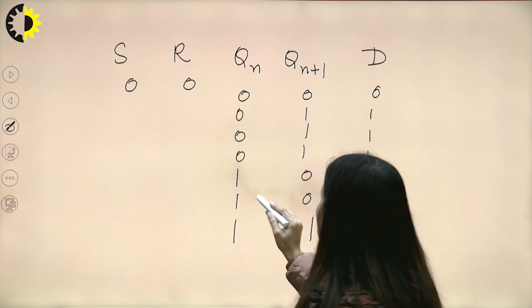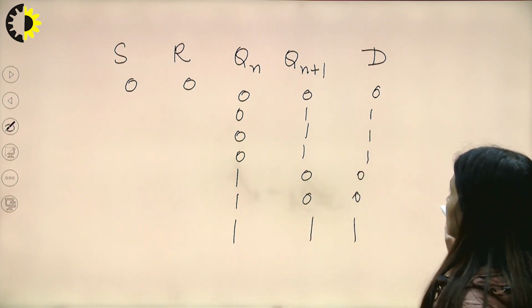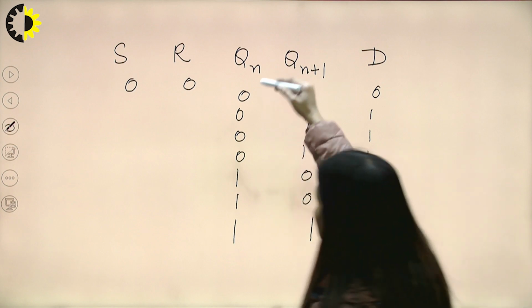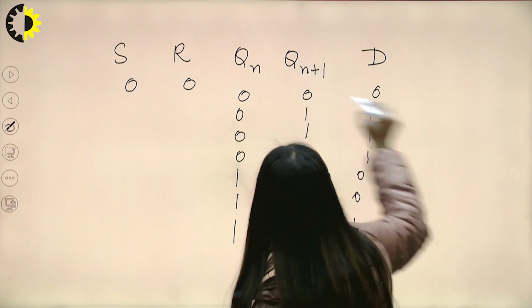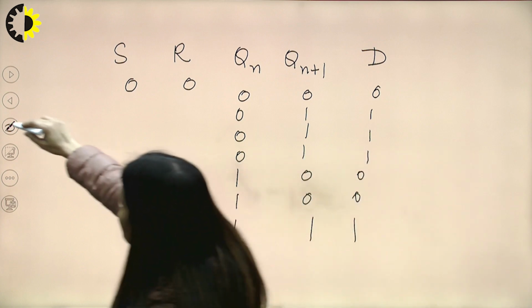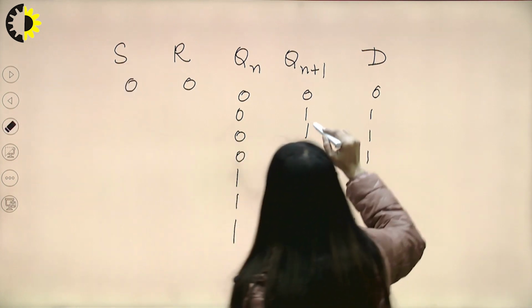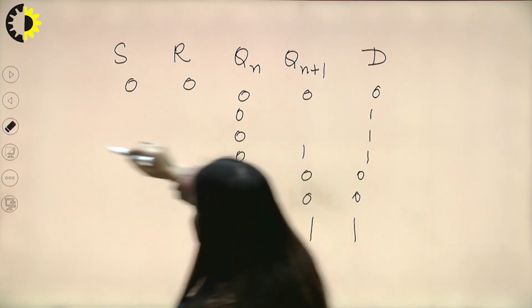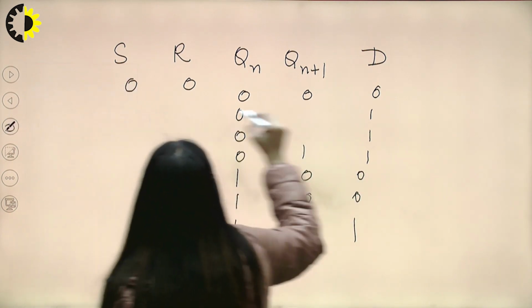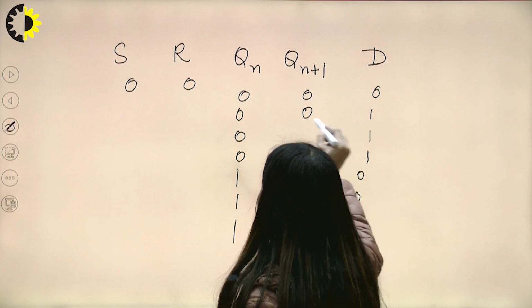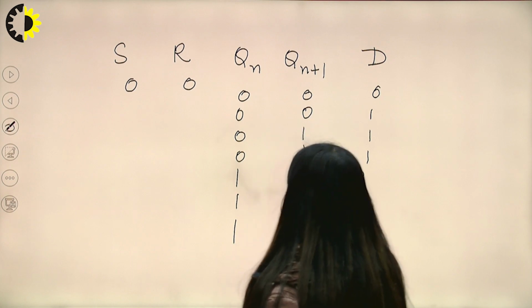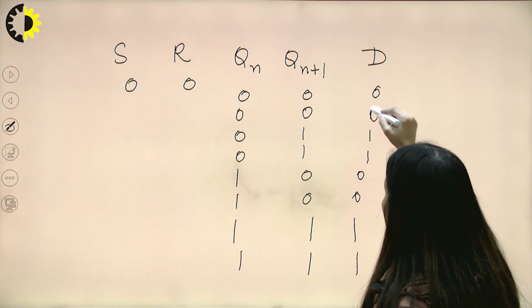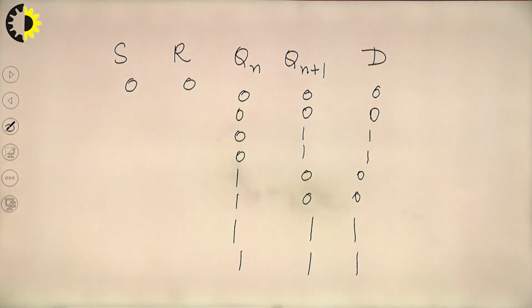Okay, 2 0 0 also we need now. So we need to make 2 zeros also here, and 2 0 1, 2 1 0 and 2 1 1. So here this is 0 0 1 1 0 0 1 1, like this.